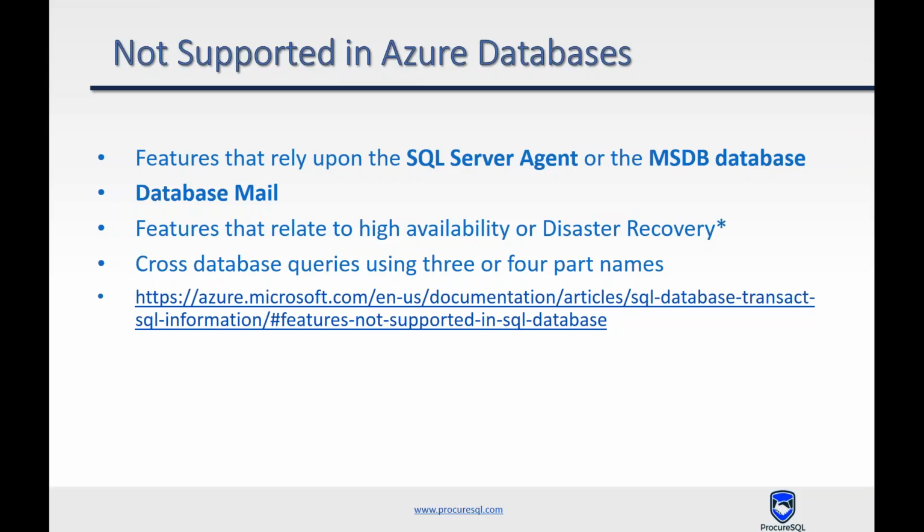For example, Database Mail, SQL Agent, and cross-database queries are good examples as well. But here's a good list of all of those features that aren't available. When we get to the demos, I'm going to show you a couple of ways to do testing to validate, so you can see if your schema is ready and good to migrate over.